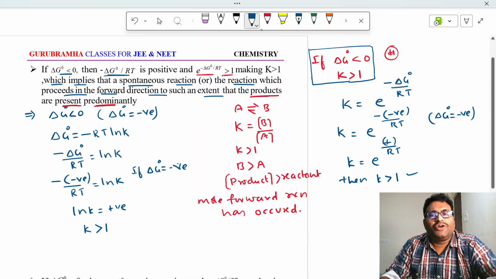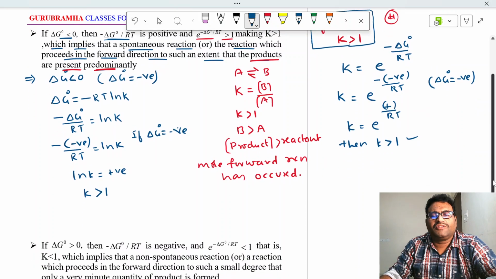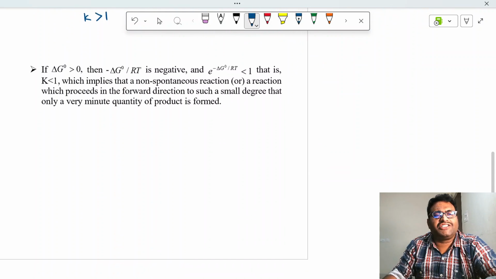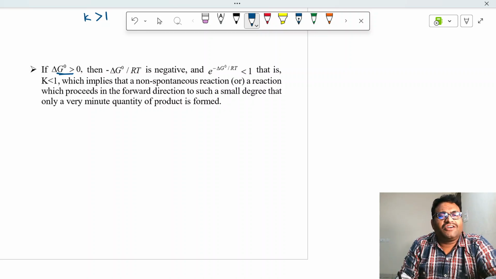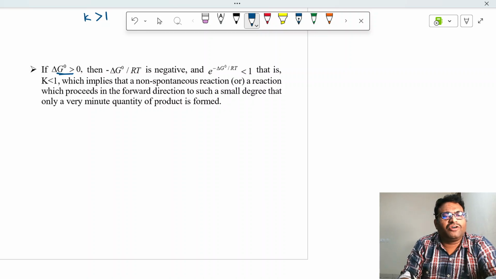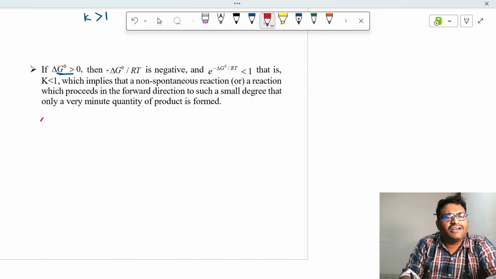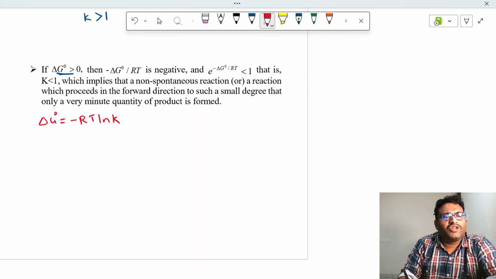Okay, let us see the other condition: if delta G naught is greater than 0. We have derived the formula: delta G naught is equal to minus RT log K, or simply delta G naught is equal to minus 2.303 RT log K base 10.